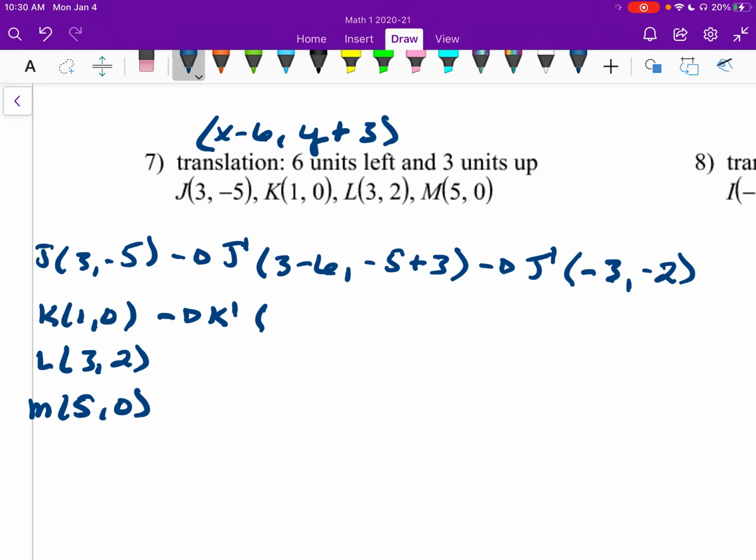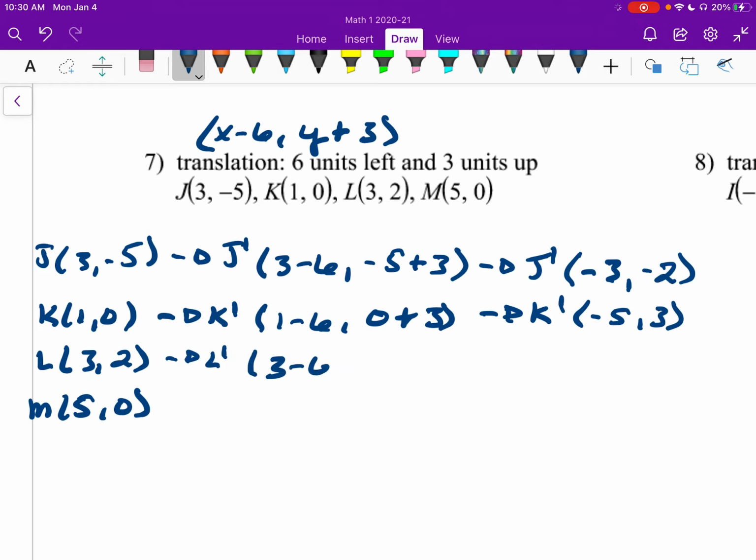So K prime will be 1 minus 6, 0 plus 3. So K prime will be negative 5, 3. L prime will be 3 minus 6, 2 plus 3. So L prime will be negative 3, 5.